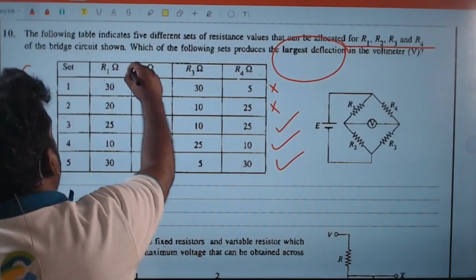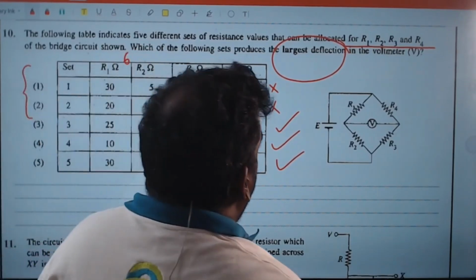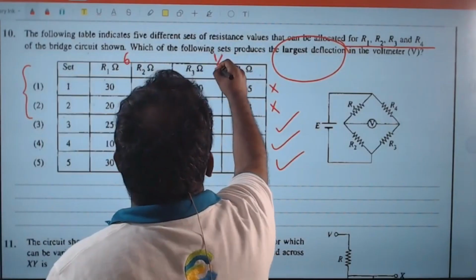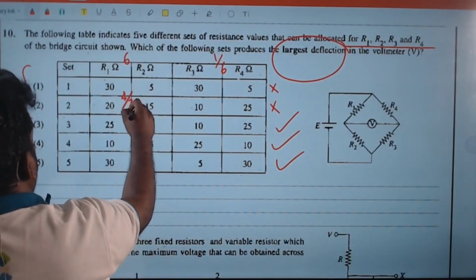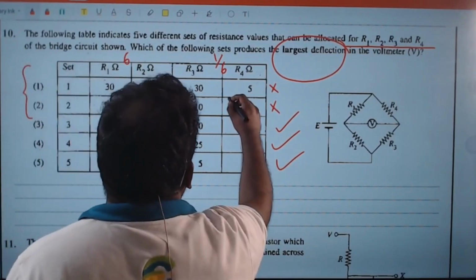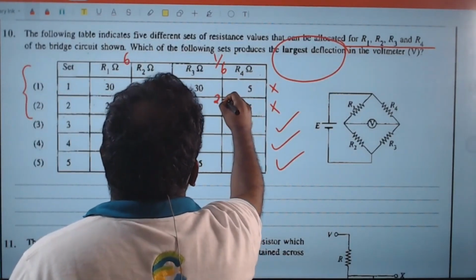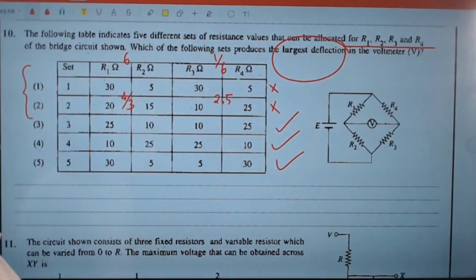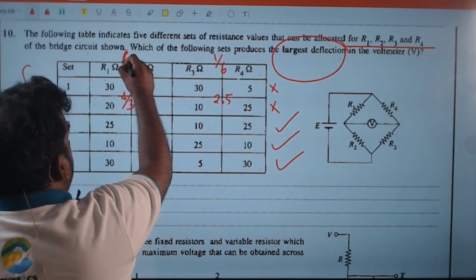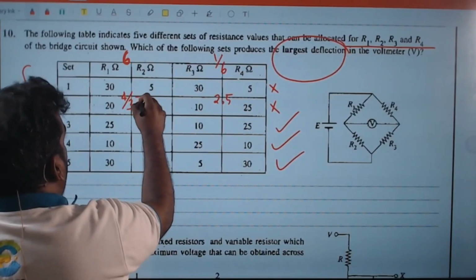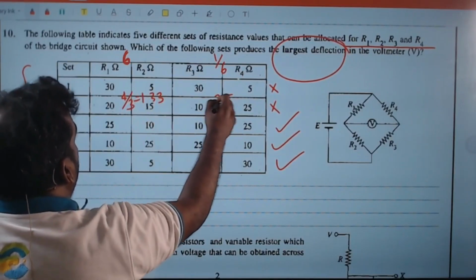R1 over R2, 6, R4 over R3, 1 over 6. Here, 4 over 3. Here, 2.5. Looking at this, for the biggest potential difference: here 6, here 1 over 6, here 1.33, 2.5.